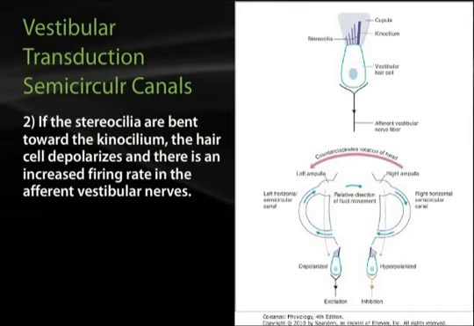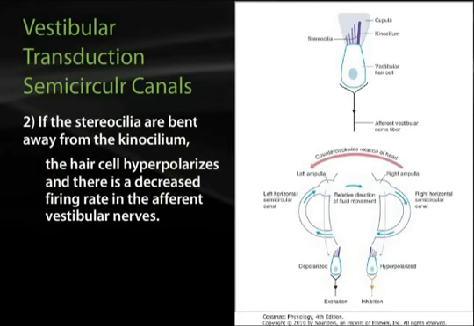If the stereocilia are bent toward the kinocilium, the hair cell depolarizes and there is an increased firing rate in the afferent vestibular nerves. If the stereocilia are bent away from the kinocilium, the hair cell hyperpolarizes and there is a decreased firing rate in the afferent vestibular nerves.